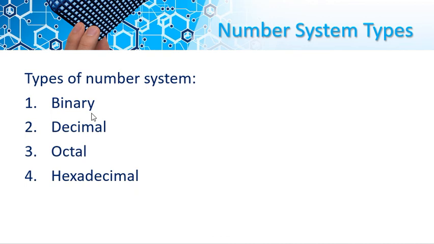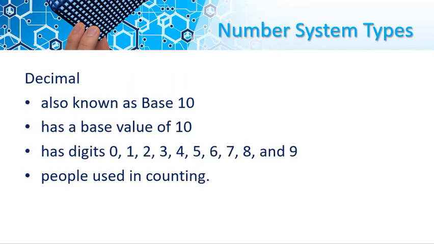So that is binary first. Next is the decimal number system, also known as base 10. Decimal has a base value of 10, so it has 10 digits: 0, 1, 2, 3, 4, 5, 6, 7, 8, and 9.